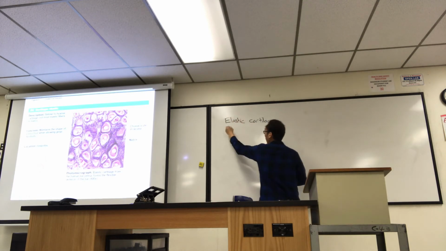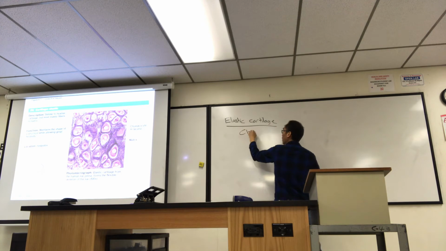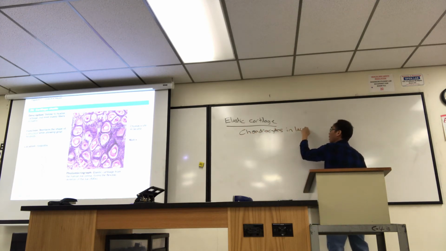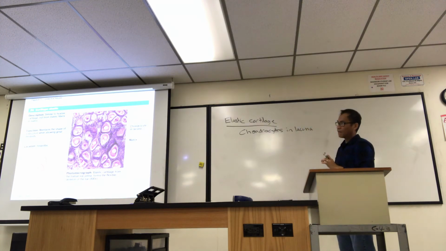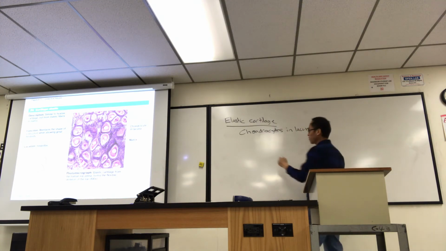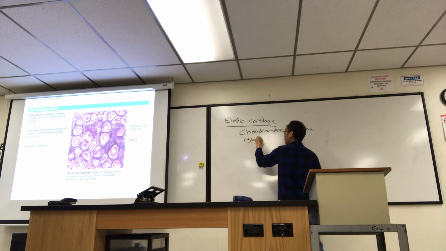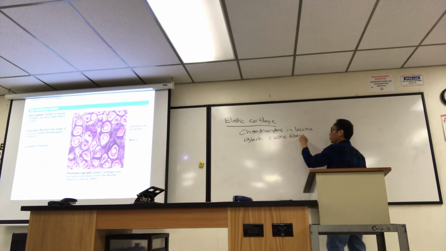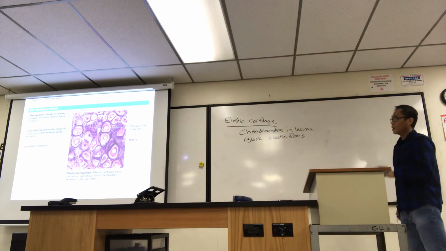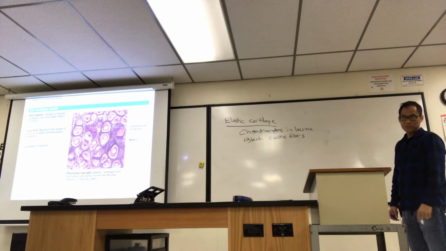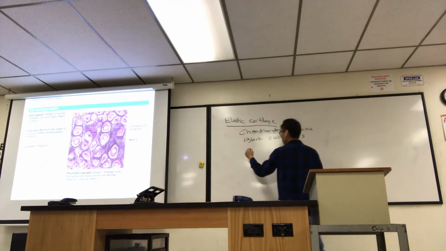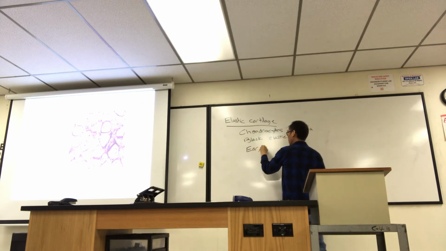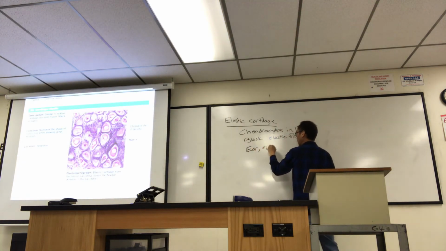So again, look for chondrocytes and lacuna. And the black elastic fibers in the matrix makes it very obvious. Ear and epiglottis are the best examples where you find this in terms of location.